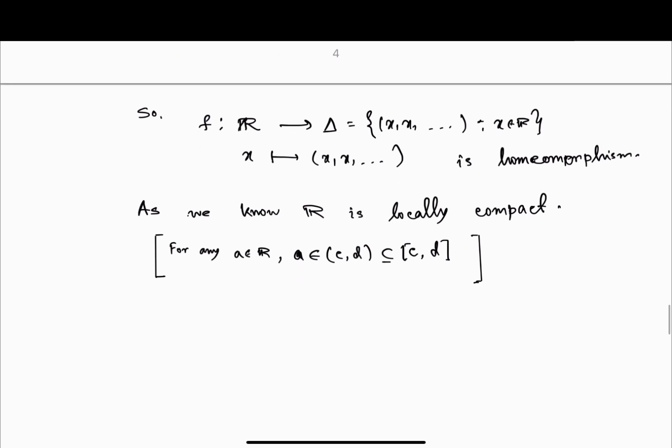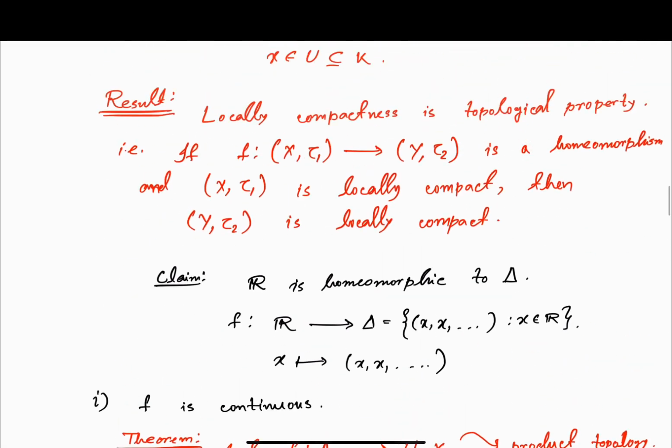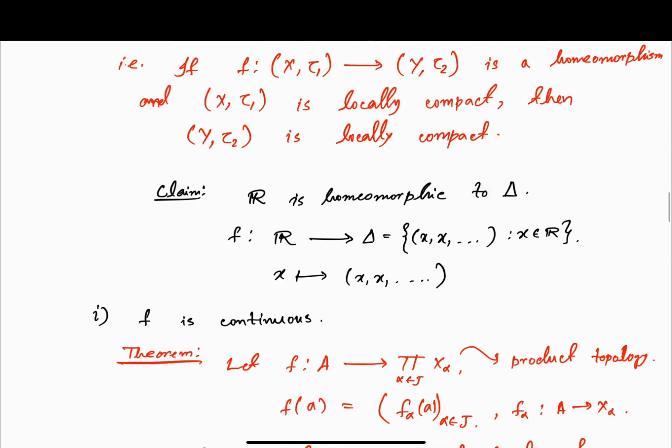And as delta is homeomorphic to R, therefore delta is also locally compact, by the earlier theorem, by the earlier result.